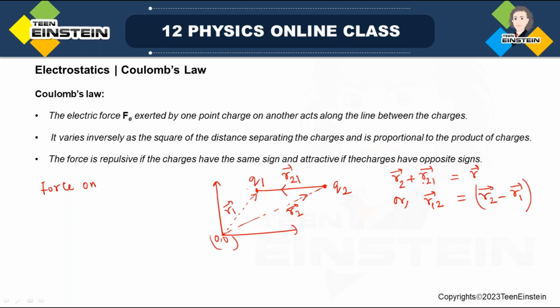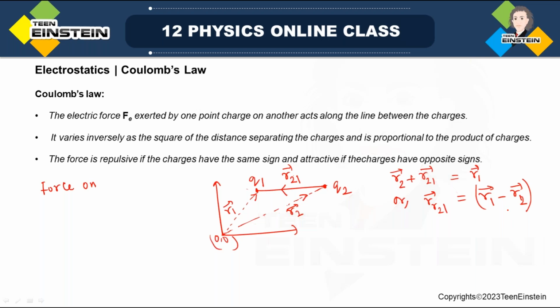If I do this, then I get this is R1. So here we get R21 to be equal to R1 minus R2. So R21 means R1 minus R2.